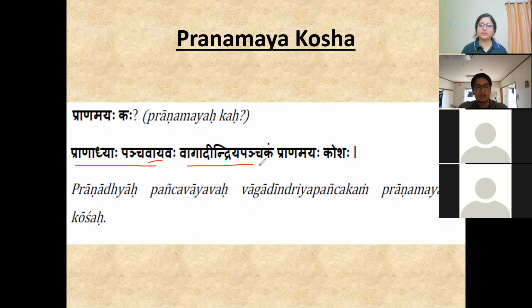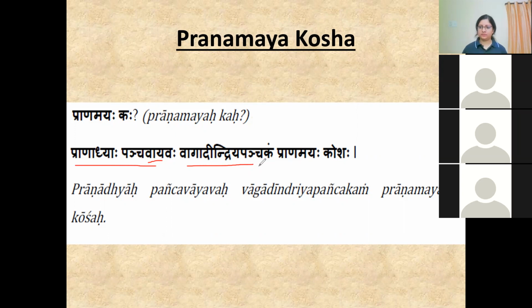Which are the karmendriyas? Vak, pani, pada, payu, upastha. What is vak? Organ of speech, not speech. Then pani, the hands, the organ for grasping things.